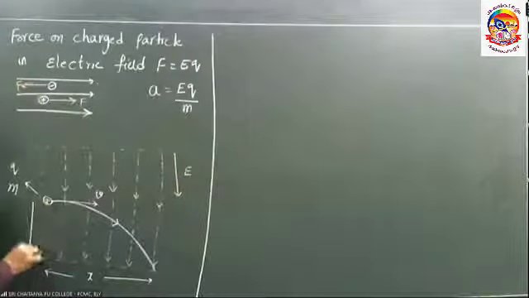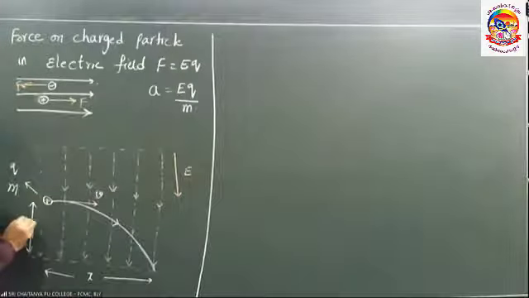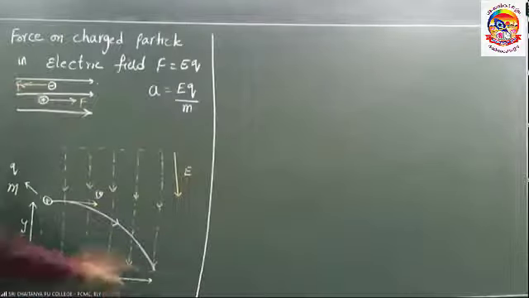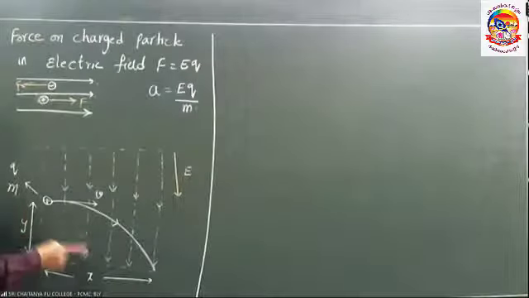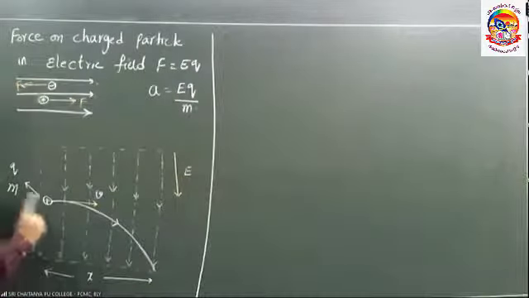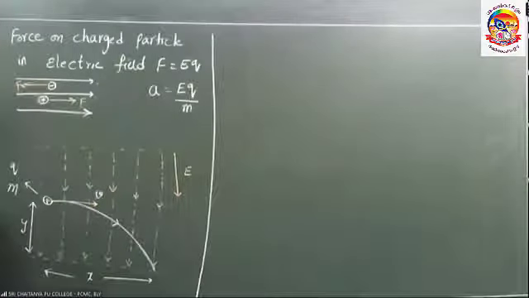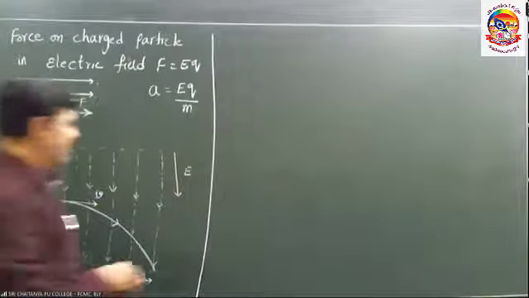This is its vertical displacement. So for this particle, horizontal displacement is x, vertical displacement is y. It has both horizontal as well as vertical displacement. Then what are the parameters related to this?